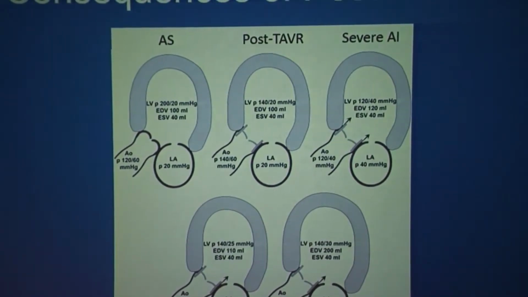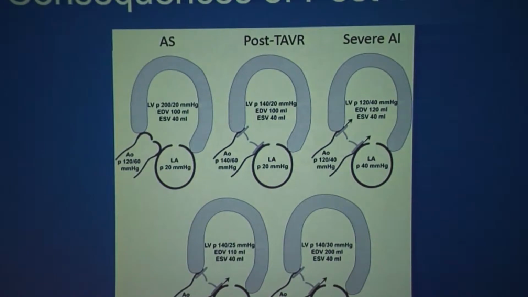So here, in this patient with severe AS, during systole, because your aortic orifice is significantly narrowed, the left ventricle needs to generate a significant pressure gradient to sustain a cardiac output.